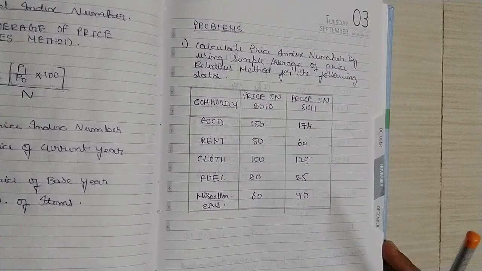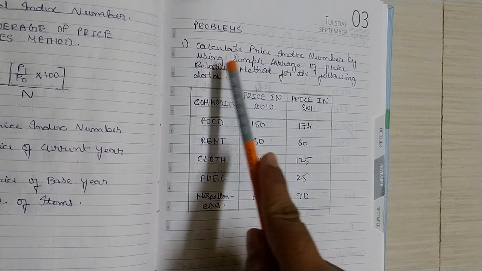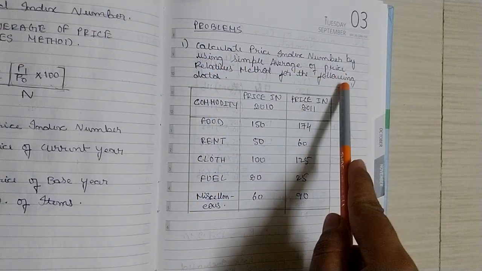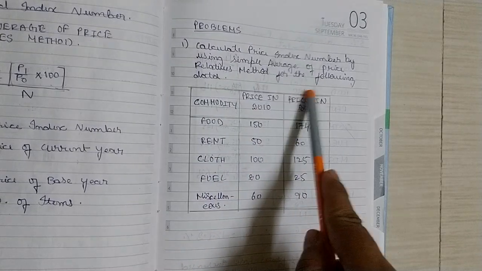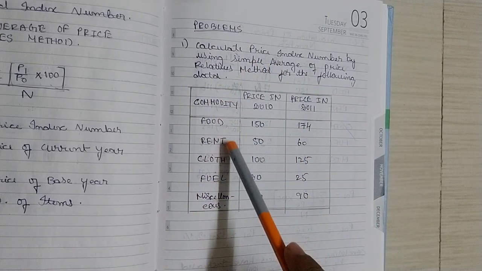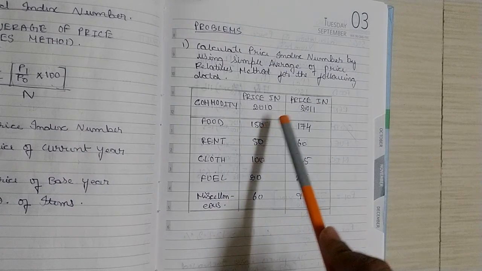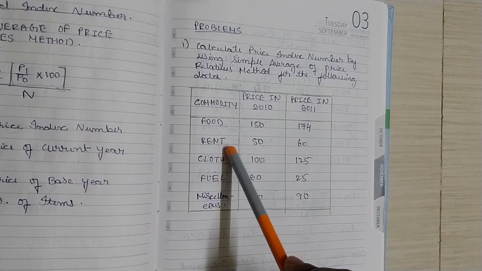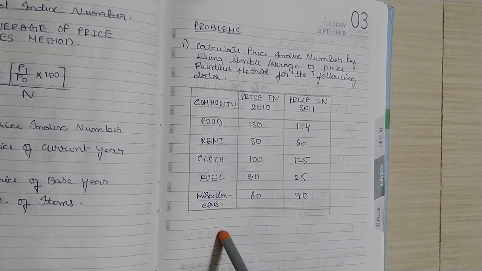So we shall be moving to the first problem in this second type. What is the question? Calculate price index number by using simple average of price relatives method for the following data. The data given is commodity, price in 2010 and price in 2011. Commodities are food, rent, cloth, fuel and miscellaneous.